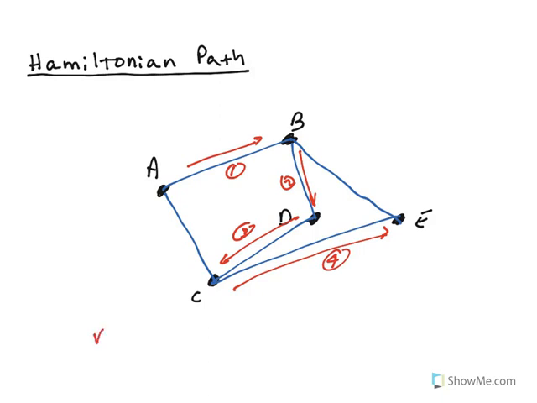So my route would be A, B, D, C, E, and that would be an example of a Hamiltonian path. Note, it is not the only one I could do. There's a few ways of doing that one, but you get the idea. You're visiting every node once and only once, and you're not necessarily returning to the start.